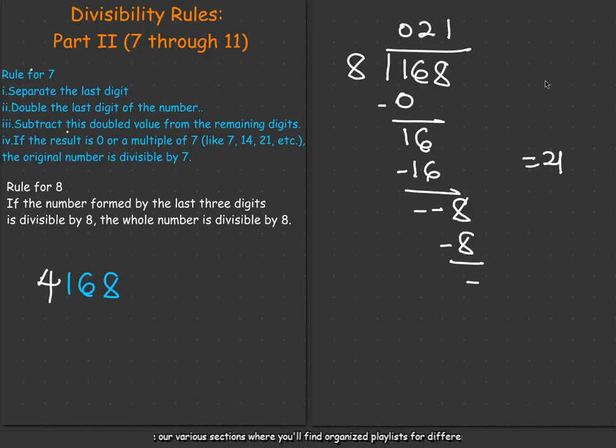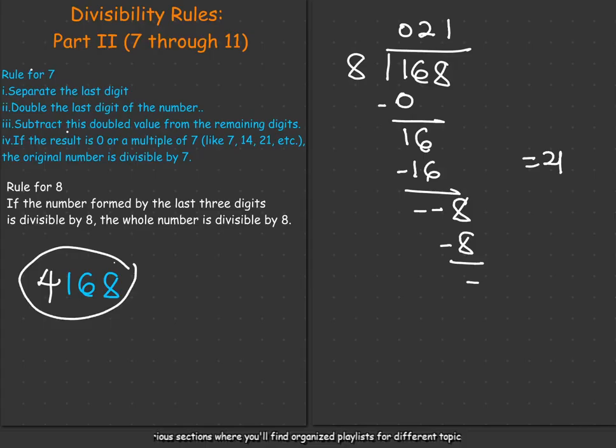So we say that since 8 divides 168 with no remainder, it simply means for 4,168, 8 can also divide it exactly, right? So the rule says that if the last three digits are divisible by 8, then it simply means the whole number is also divisible by what? 8.